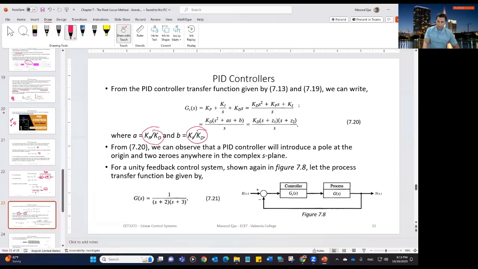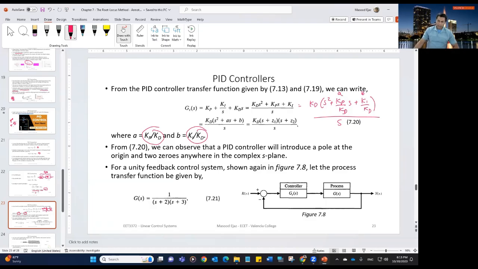So we are basically taking KD times (S squared plus KP over KD S plus KI over KD) over S. And this is our A, and this is our B.